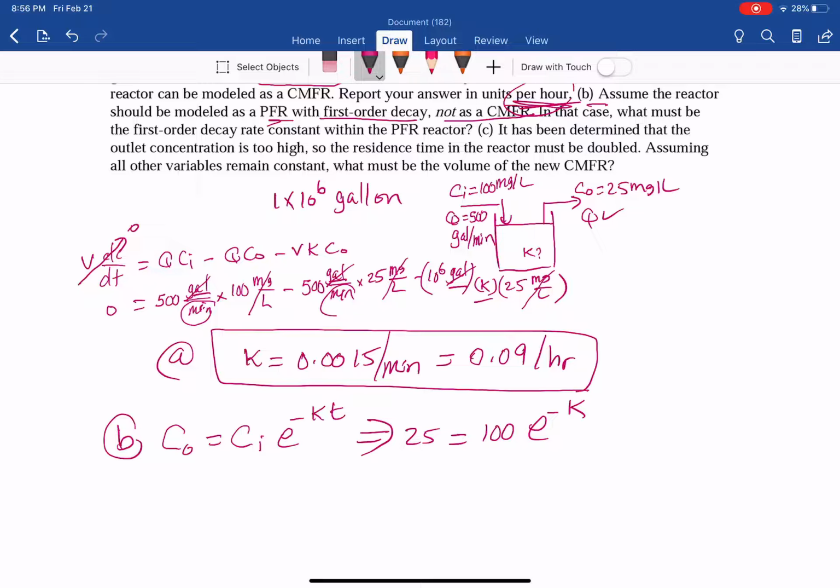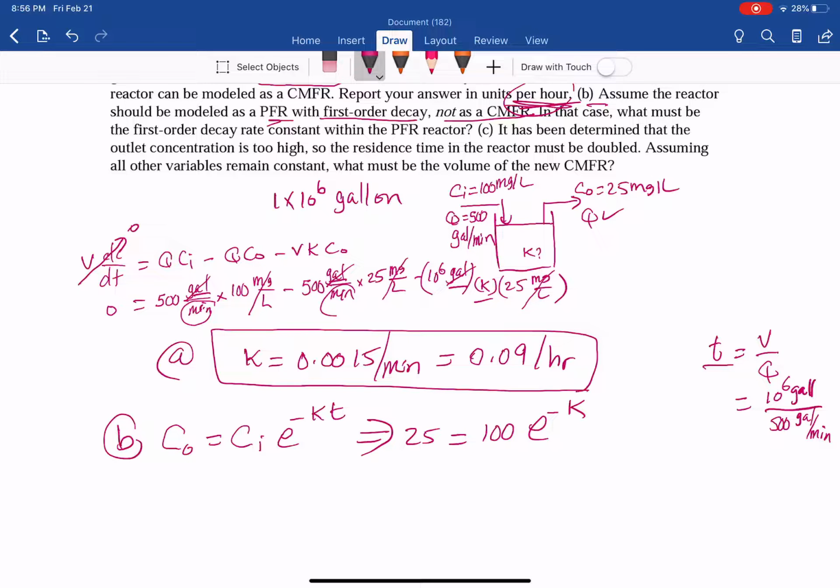Do you know how to find T? Remember T from the plug flow reactor. T is equal to volume over Q. Volume is 10^6 gallon, and Q is 500 gallon per minute.